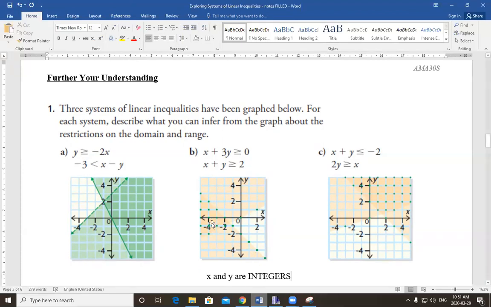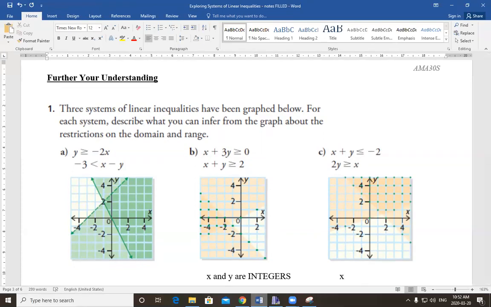Okay, because it goes into the negative. If you look on the third one, you'll notice that we have Y shaded or dotted again below the negatives. So that looks like integers as well. And X is also in the negatives. And it's stippled, so that tells us that it could be integers as well.